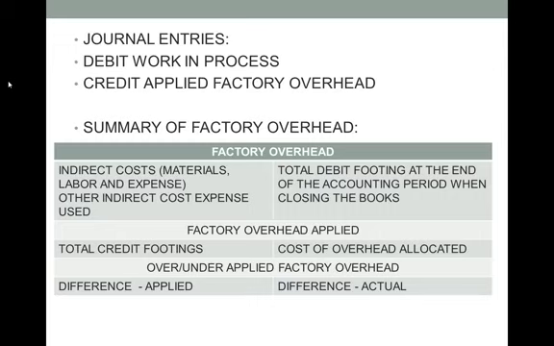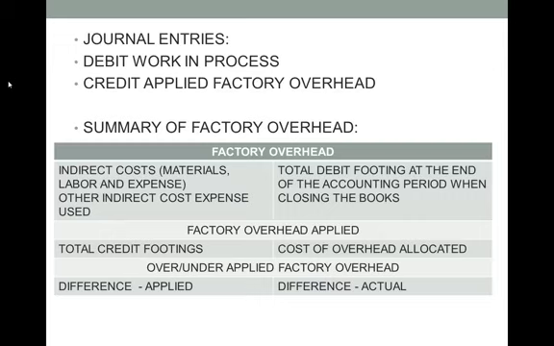And then at the end of the year, over or under applied factory overhead is closed to cost of goods sold.